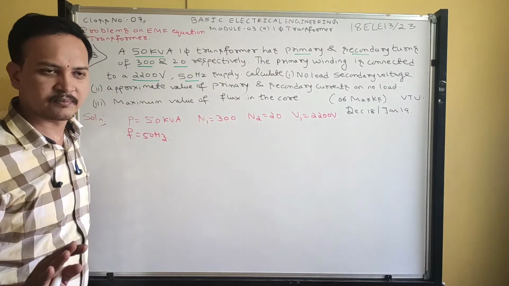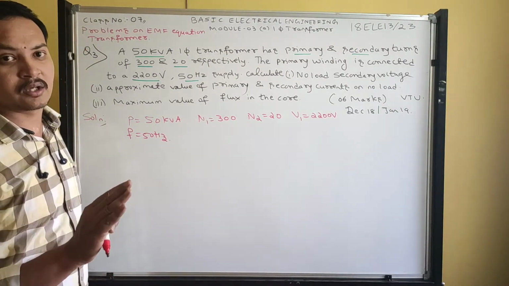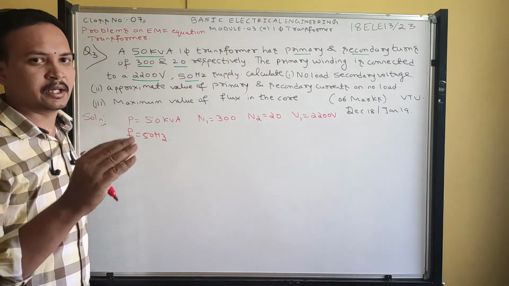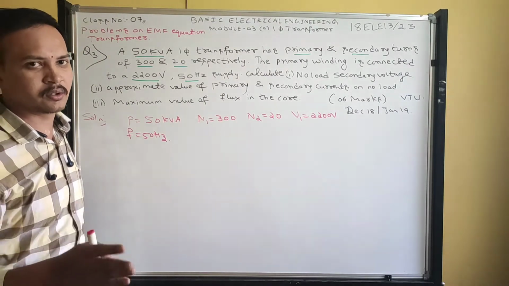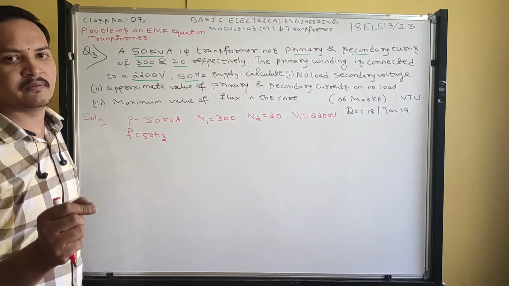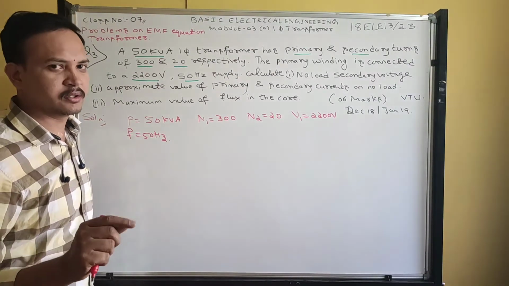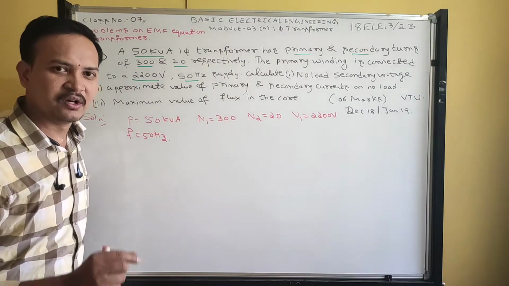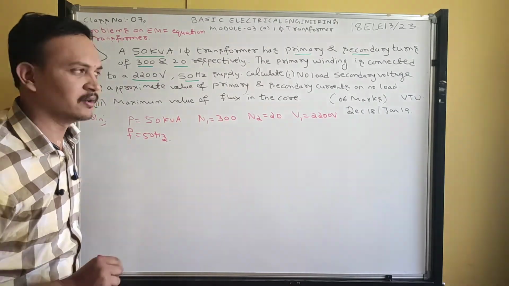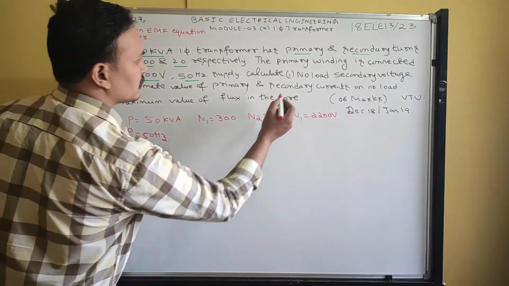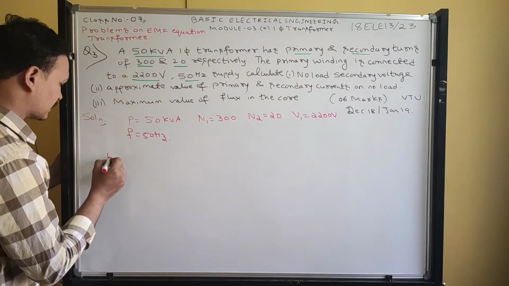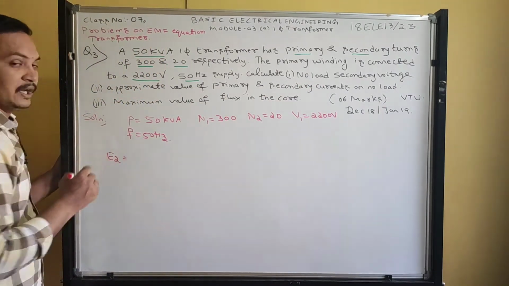Actually, they are not equal. In higher studies, in higher semesters, you are going to learn the difference between E1, V1 and E2, V2. For first year, you can make E2 equal to V2 and E1 equal to V1. Fine. No load secondary voltage. They are asking, you must calculate E2.